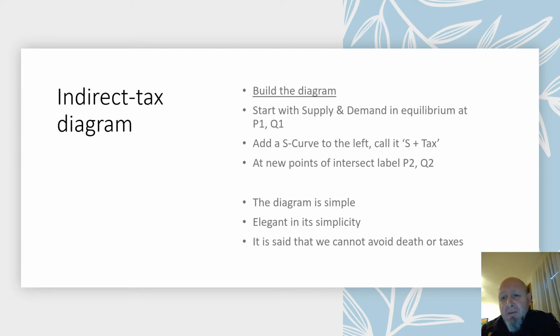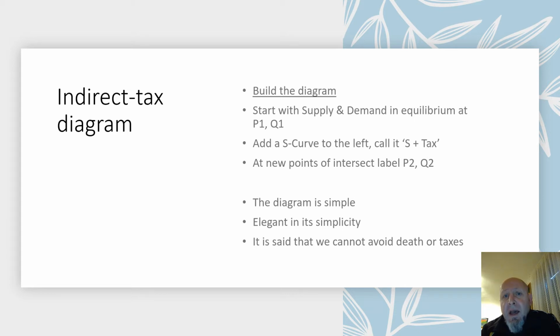It is good to learn the diagram, but it is better to build the diagram. So, indirect tax diagram. How do I build it? Well, I start with supply and demand in equilibrium at P1, Q1. I suitably label the axes price and quantity.